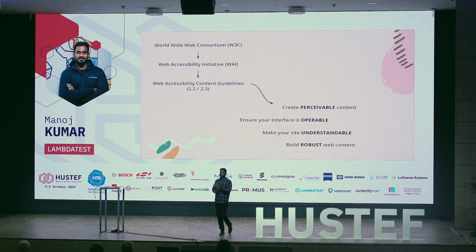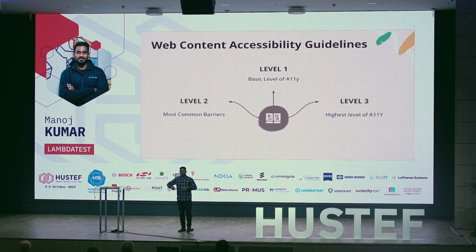Those guidelines are, as you see down below, following the concept POUR, P-O-U-R. Meaning you should create your applications that are perceivable, operable, understandable, and robust. Now, each of these principles has further criteria, like level 1, level 2, and then level 3. Each level defines some level of accessibility.